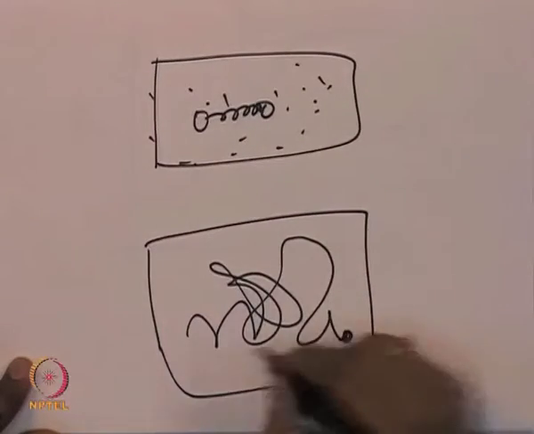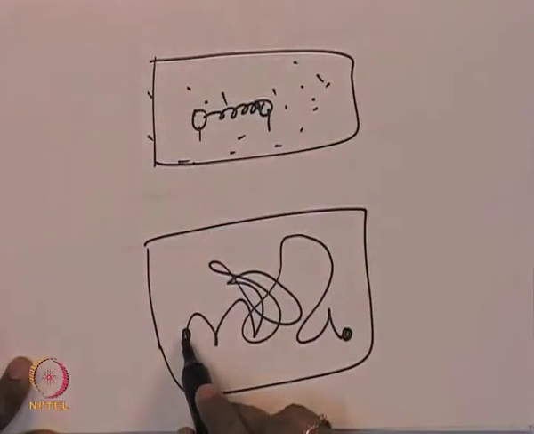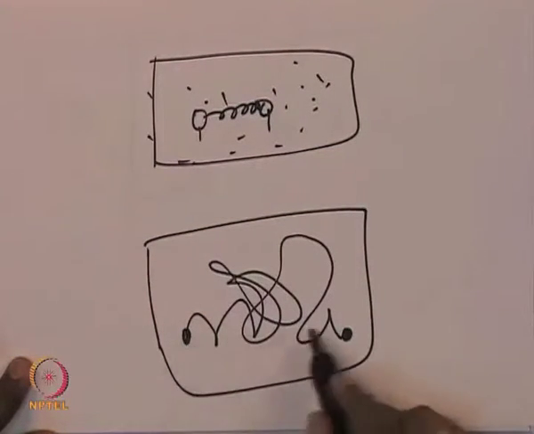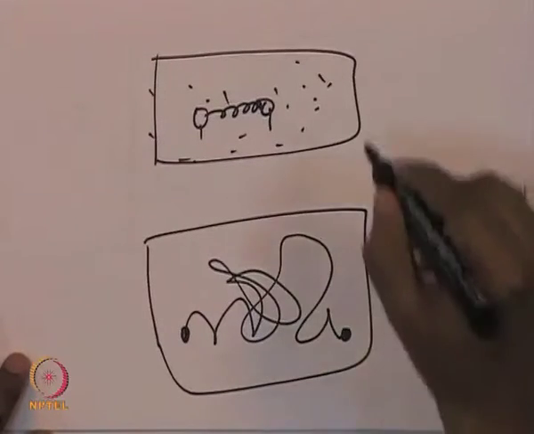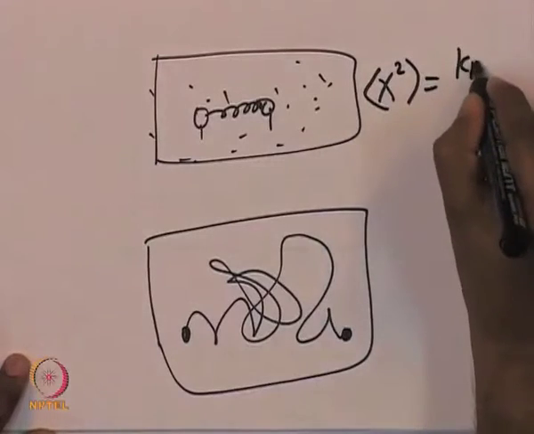It is a coiled DNA, and the distance between this end and this end is the end to end distance of the DNA. We said x average square is k B T by k.